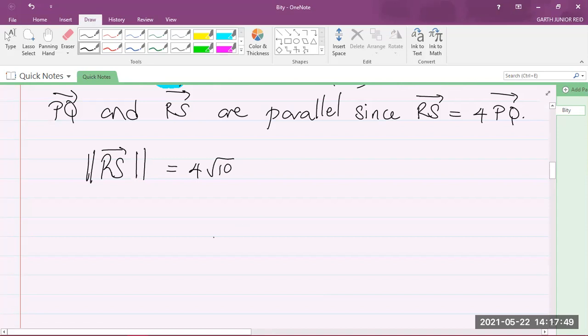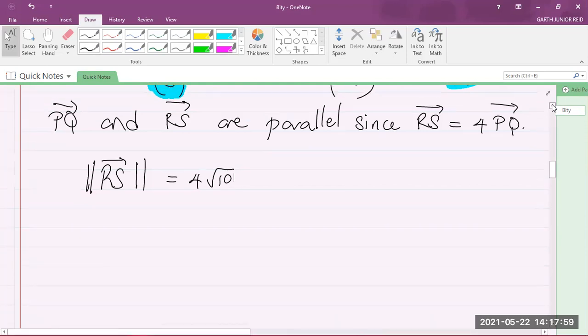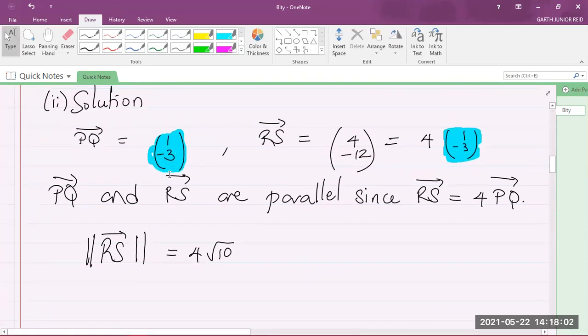Now, what about the length of the vector PQ? We know that the vector PQ here is 1, negative 3. So we want to find the magnitude of the vector PQ.